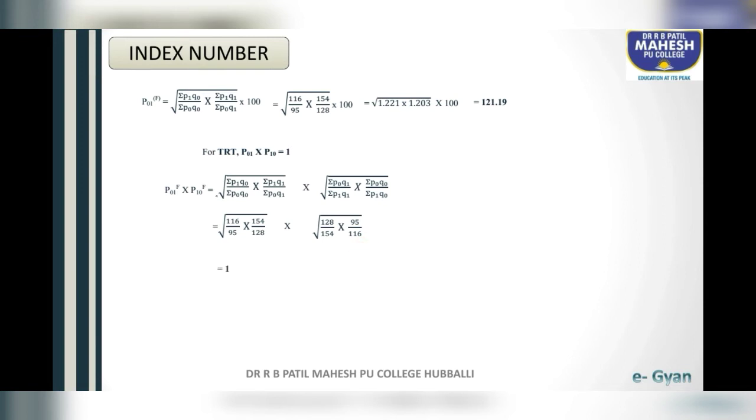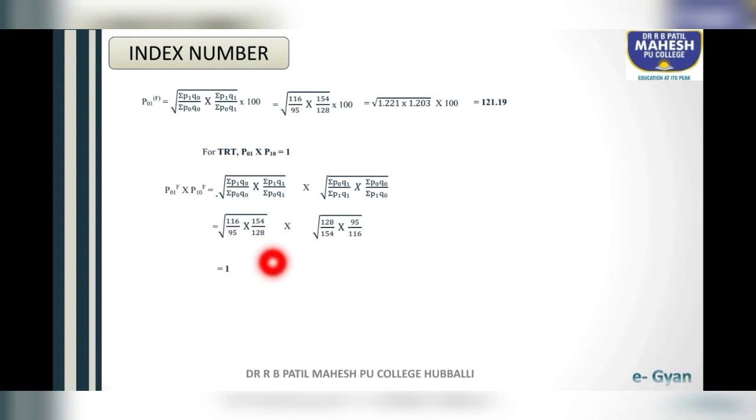Okay students, see here, 116 and 116 get cancelled, 95 and 95 get cancelled, and 154 gets cancelled. So what remains? Here root of 1, here also root of 1. Root of 1 into root of 1 is root of 1 whole square.